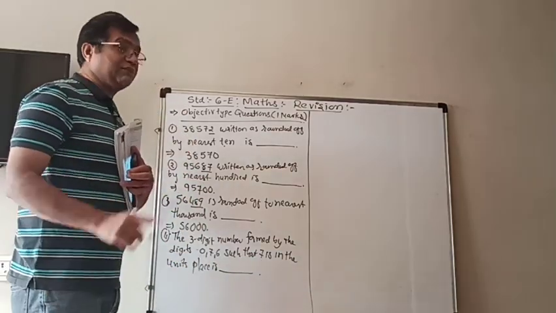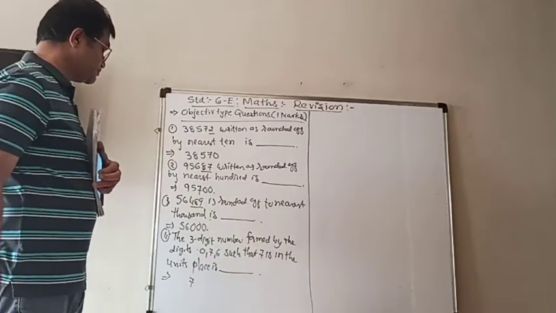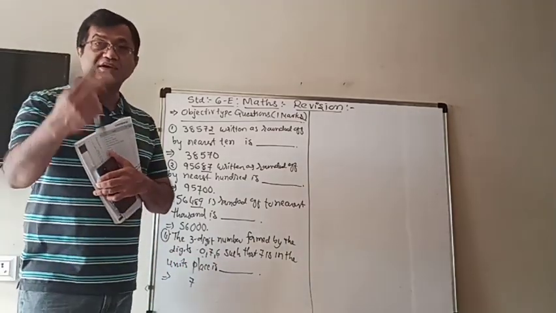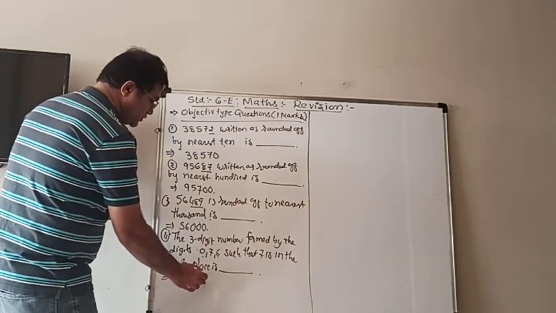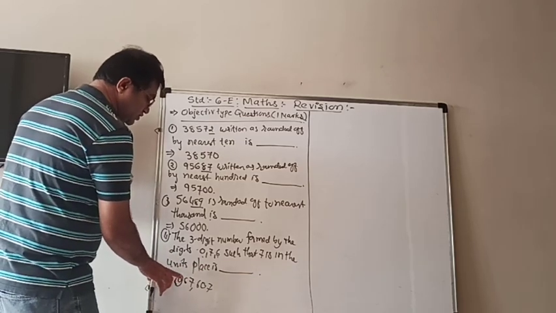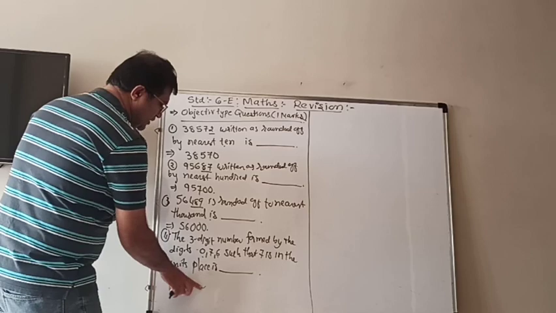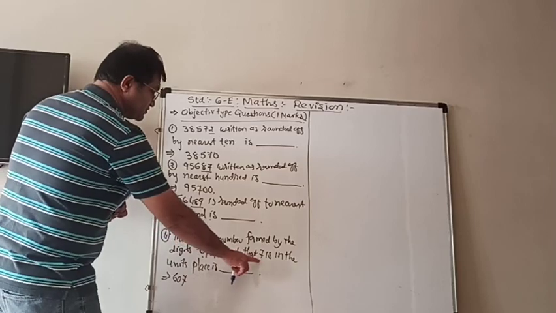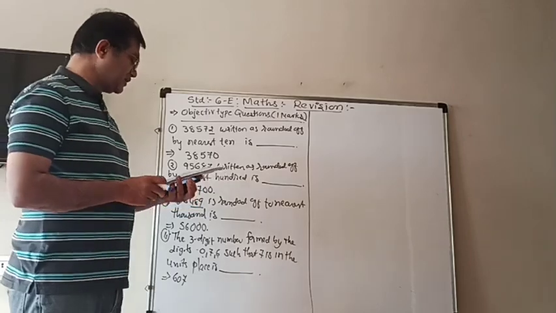Now 7 must be in the units place, means at the last. You have remaining 0 and 6. You have two alternatives. Either you can write down 067 or you can write down 607. But if you write down 067, we will never write 0 in the beginning, because otherwise it will be only a 2-digit value. So the answer will be 607 only, because 7 is in the units place.